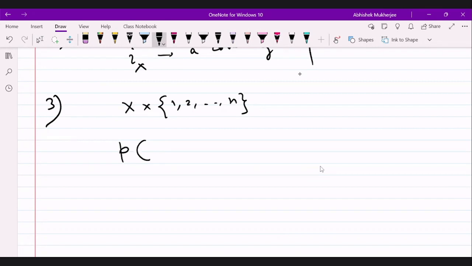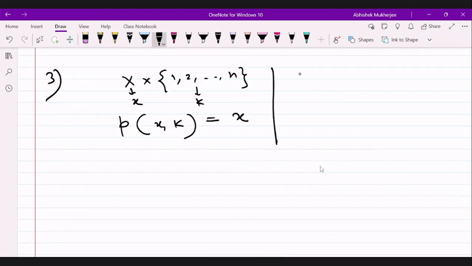That means you are taking some x here and some k here, so this p of (x, k) must be mapped to x. Okay, so you can check that this is a covering map.